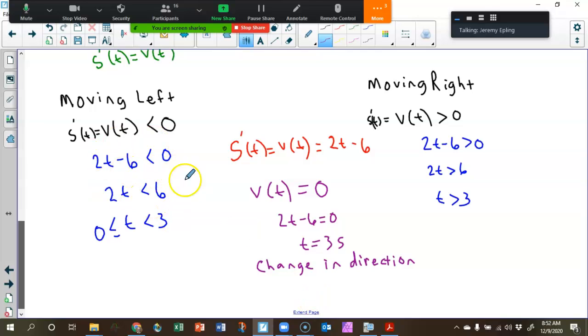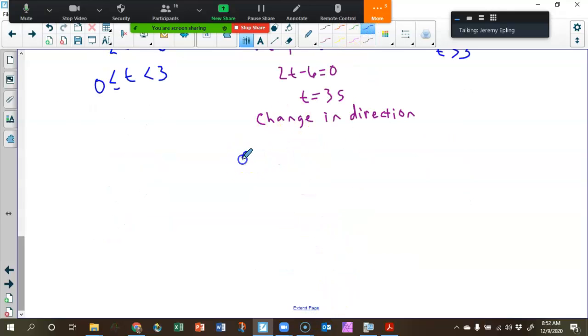Now, you could have dealt with when your particle was moving to the left or right really in 3 different ways. One, because it was linear, you could have just solved. You also could have just drawn a graph. It wasn't a hard graph to draw. It's just a little line.